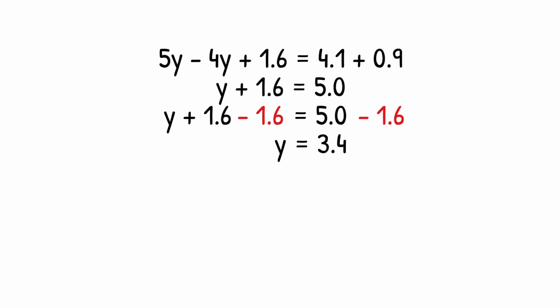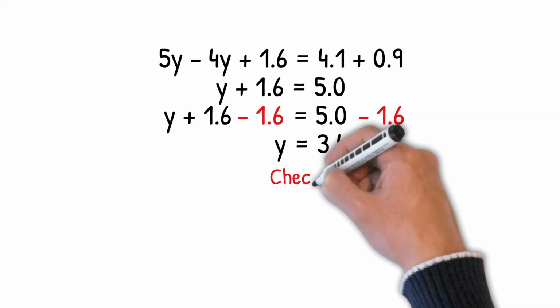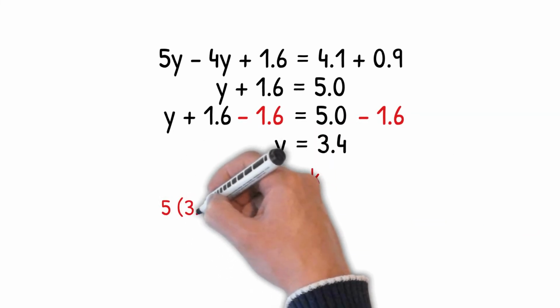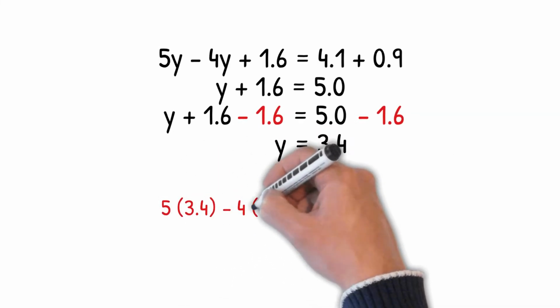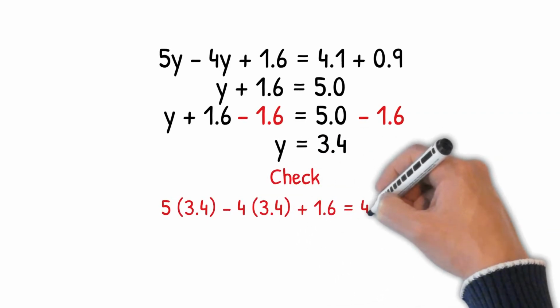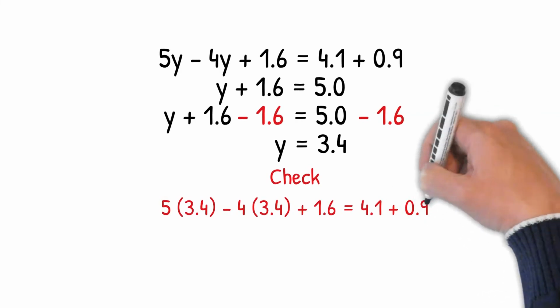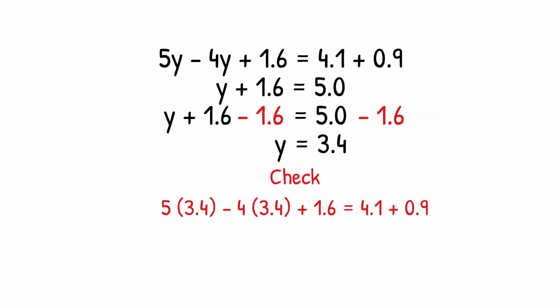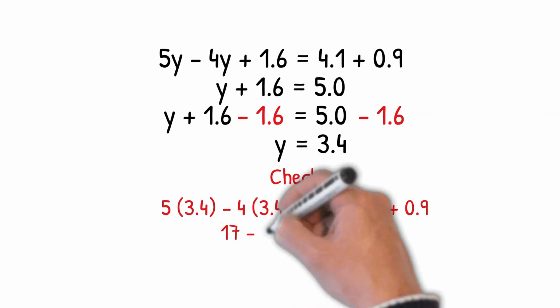Let's check to see if y equals 3.4 is a solution. Substitute 3.4 for y. 5 times 3.4 minus 4 times 3.4 plus 1.6 equals 4.1 plus 0.9. So 5 times 3.4 is 17.